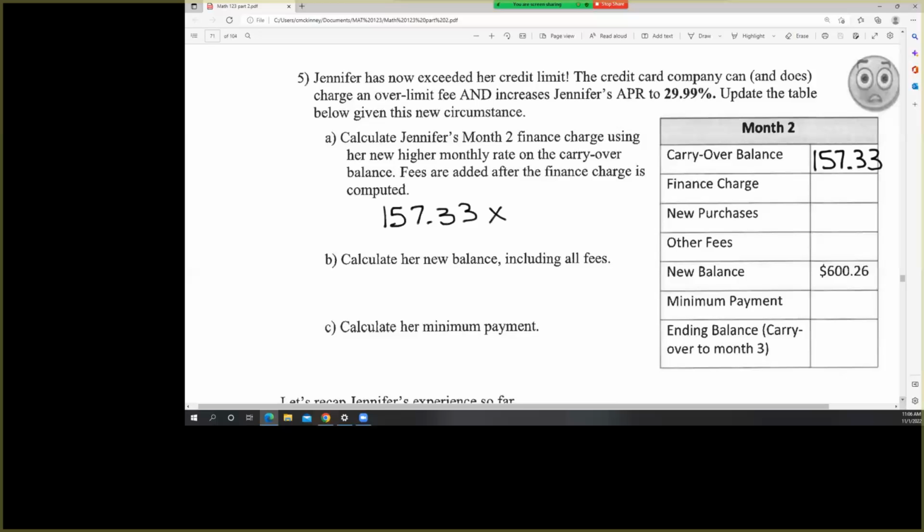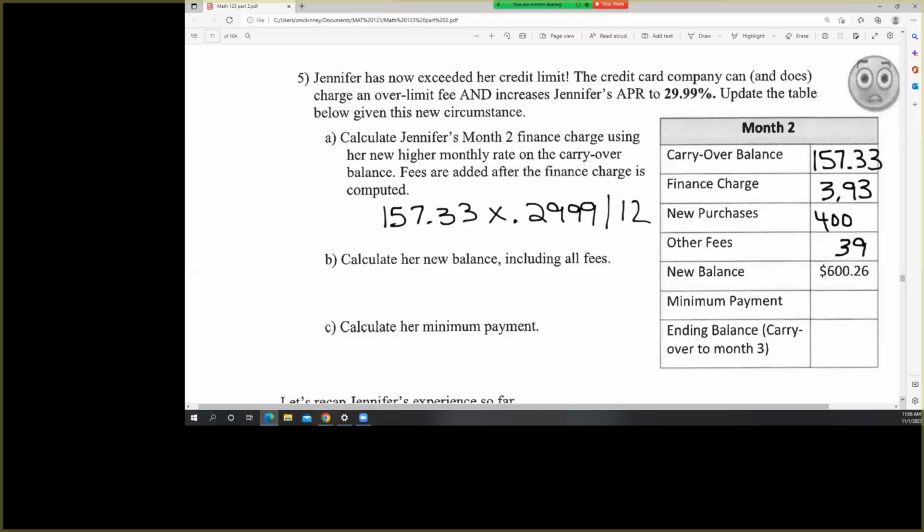But what percentage do you have to use? You have to use 0.2999. So yes, $3.93 this time. And then her new purchase, $400. Other fees, $39. How much was it? $39 for going over the limit.